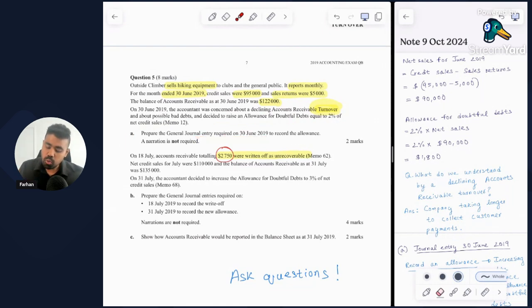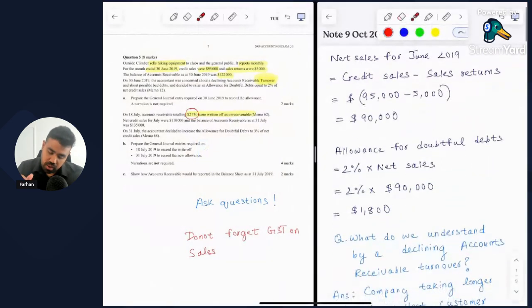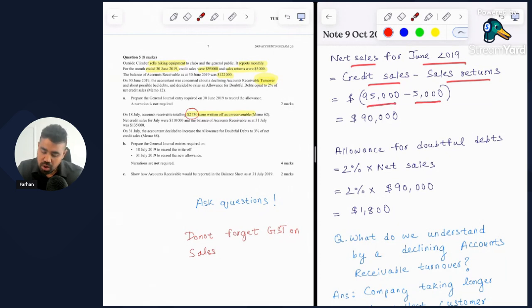Now let's look into the workings on the right-hand side of your screen. Starting with the first information that we've got from the first paragraph, the net sales for June 2019 is calculated by finding the difference between the credit sales and the sales returns, which is to subtract the $5,000 of sales returns from the credit sales of $95,000, and you get $90,000 as the net sales for June 2019.